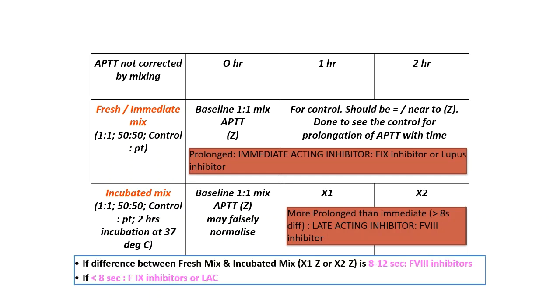So the difference between the fresh mix and the incubated mix is important, and if the time difference is between 8 to 12 seconds, we are talking about factor 8 inhibitors, which are time dependent inhibitors. If the time is less than 8 seconds, then we are talking about other inhibitors or probably lupus anticoagulant. So the inhibitor screen is to determine the presence of inhibitors in the first place and is also to differentiate between immediate acting and late acting inhibitors.